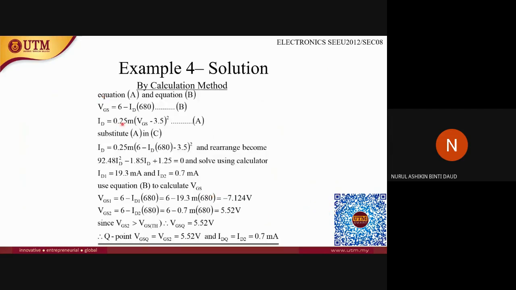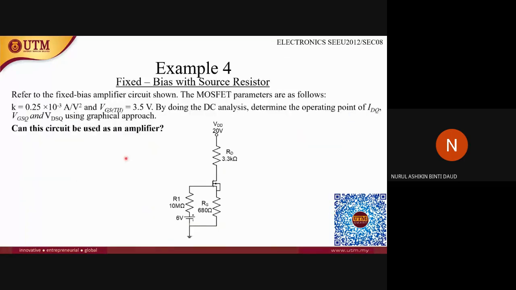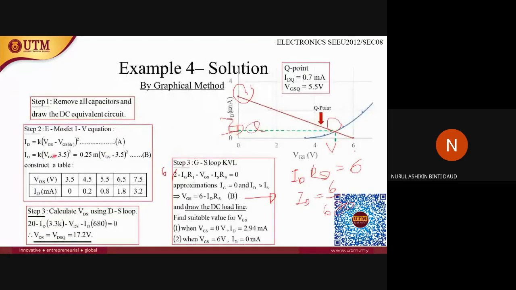Okay, and then another thing. We also need to use Shockley's equation, where K is given to you and GS is not given to you. The threshold value is given to you.